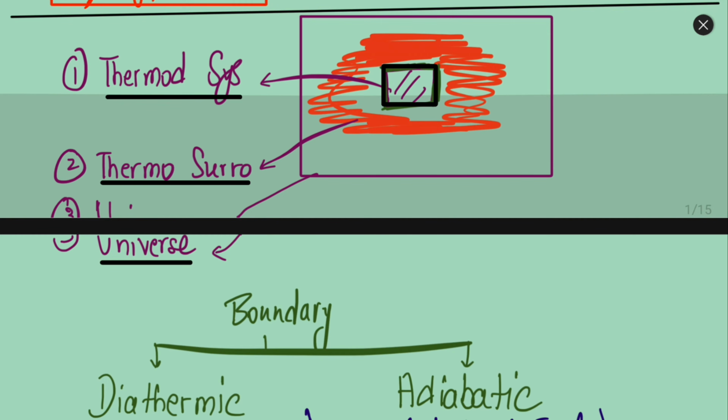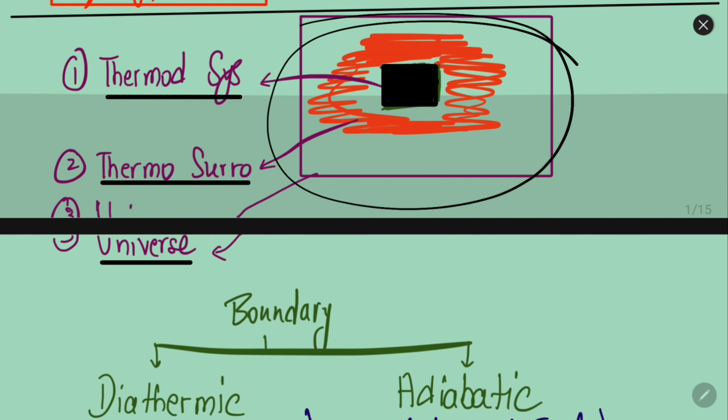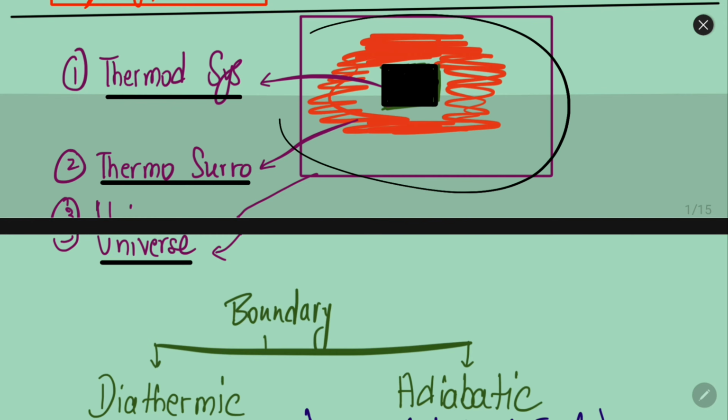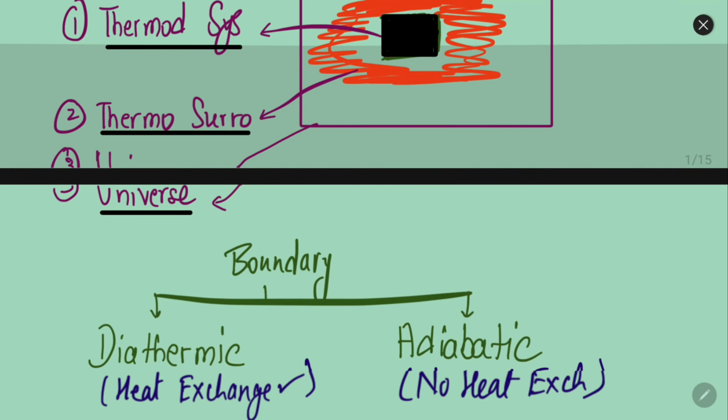The place around that object is called the thermodynamic surrounding. Let's say we are studying this object, so this will be our thermodynamic system, and the place around this system will be called the thermodynamic surrounding. Now the surrounding and system together come into one thing which is called the universe. The universe encompasses everything, in which the system and surrounding are present.